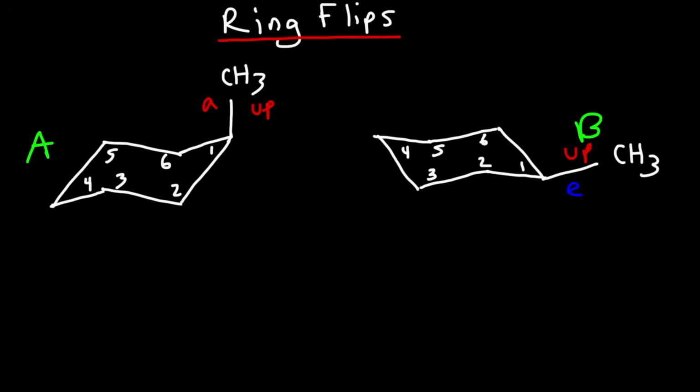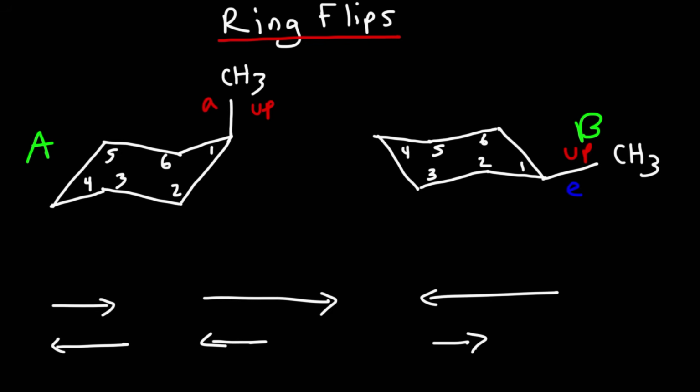Now these two forms of methylcyclohexane, these two chair conformations, they're interconvertible. One form can convert into the other form. So what type of arrows should we put here? Should we put arrows that are equal in size, or should one be significantly bigger than the other one? Which set of arrows should we use?